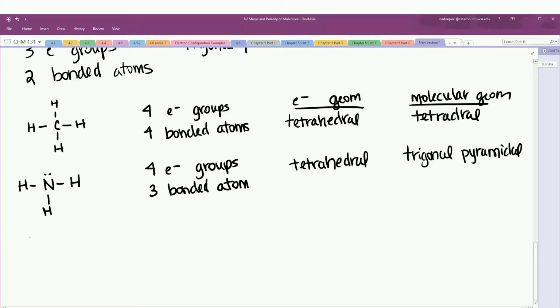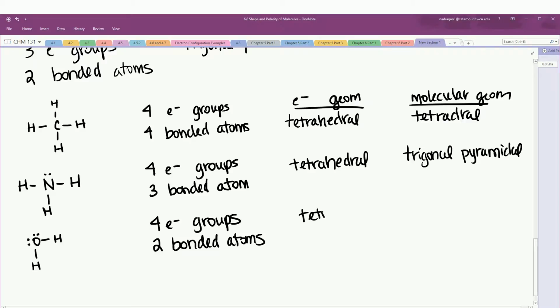Next example, just to show you what these look like again, we have H2O, or water. We have 4 electron groups still. We have 2 lone pairs and 2 bonded atoms. So again, our electron geometry isn't going to change. It's going to be tetrahedral because we still have our 4 groups. But our molecular geometry is going to be different.